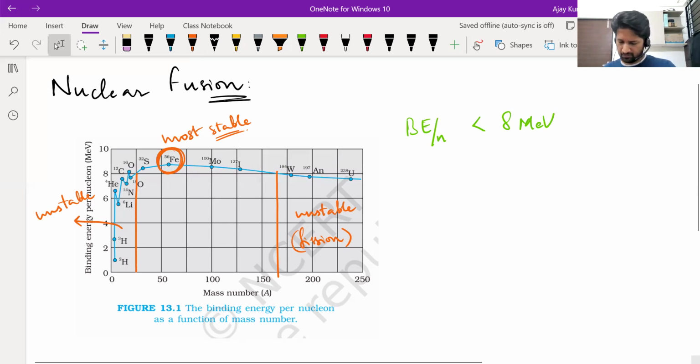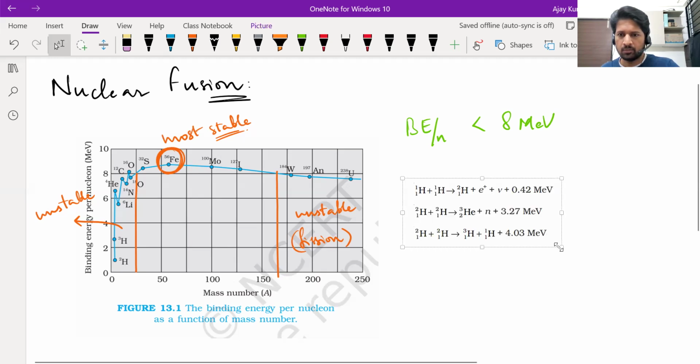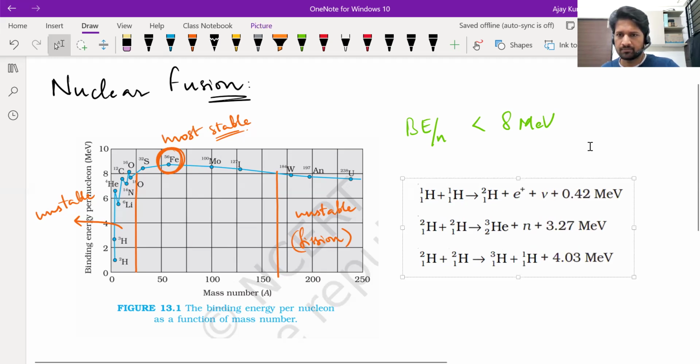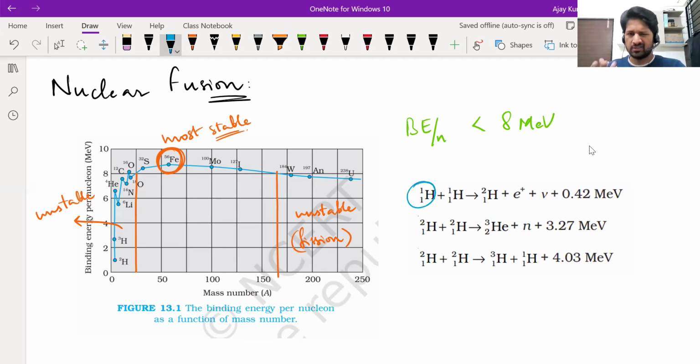One example of a fusion reaction is fusion between protons. 1H1 refers to a proton basically, the nucleus of hydrogen. The nucleus of hydrogen only has a proton. The proton itself is the nucleus. So protons combining form 1H2.